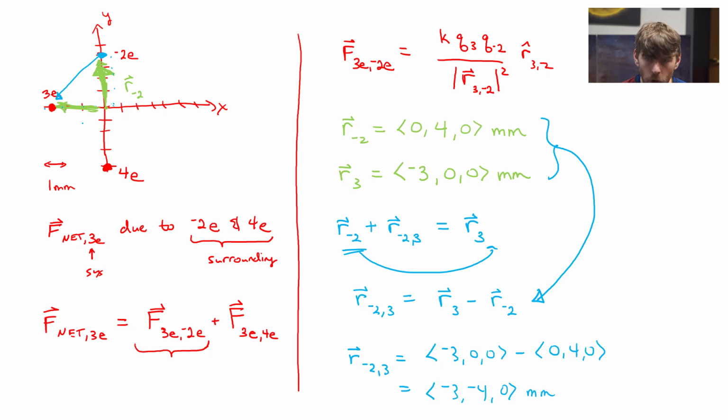Good. Now that we have the relative position vector that points from the charge to the system, we can go ahead and find the magnitude of that vector. It's always good to remind ourselves how we find the magnitude of vectors. You should be thinking of something analogous to the Pythagorean theorem.